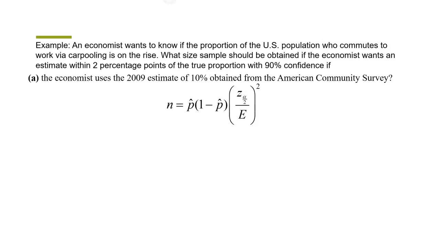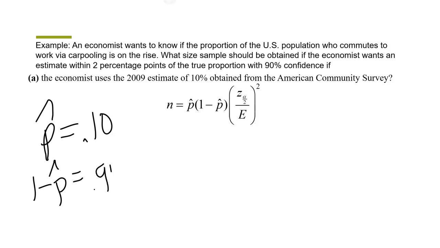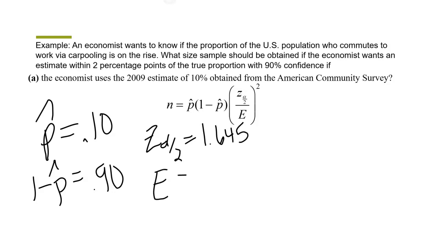Our p hat is 0.10 from the 10%, and 1 minus p hat is 0.90. Our critical value, z of alpha over 2, is 1.645, and our margin of error is 2 percentage points, so that's 0.02.